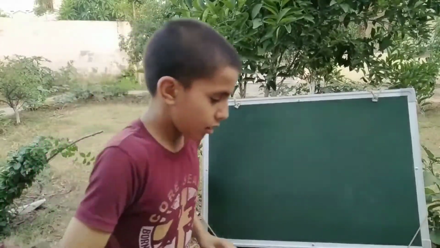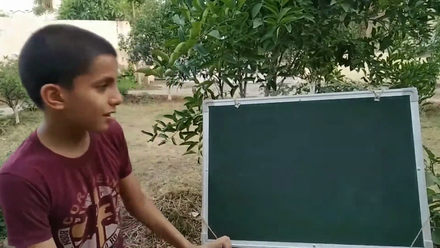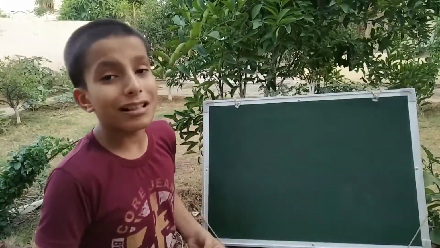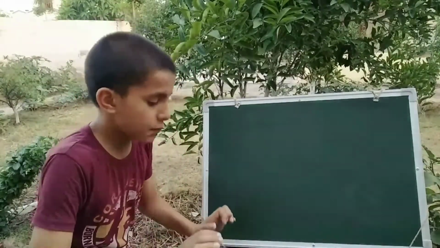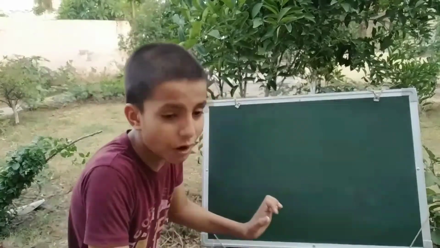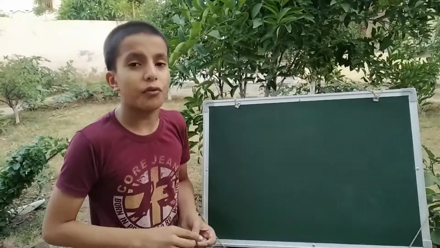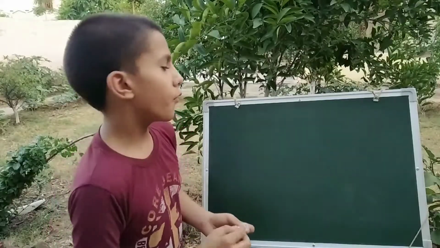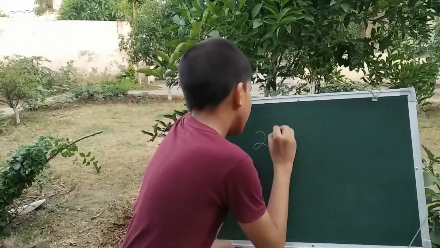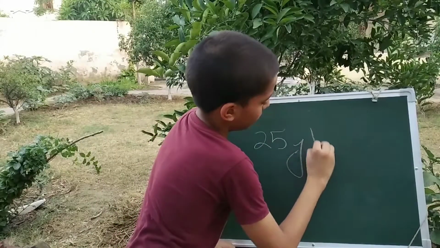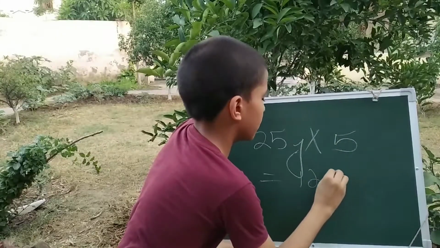If I push it like this and I have used 25 Newton of force, and there is a displacement of only 5 meter, what will we do? Multiplication. So 25 joule multiplied by 5 is equal to 125.